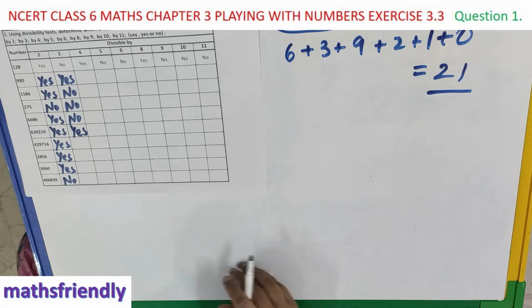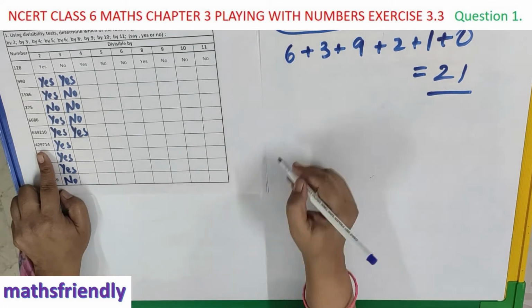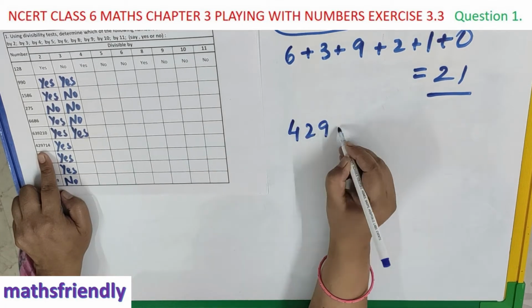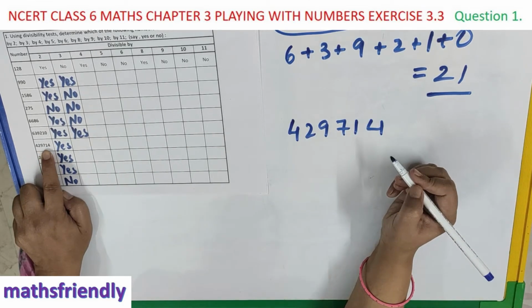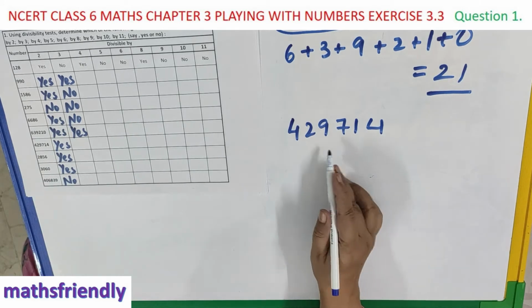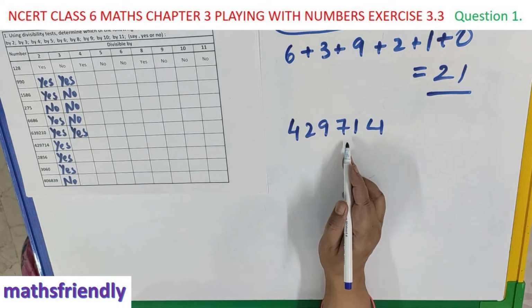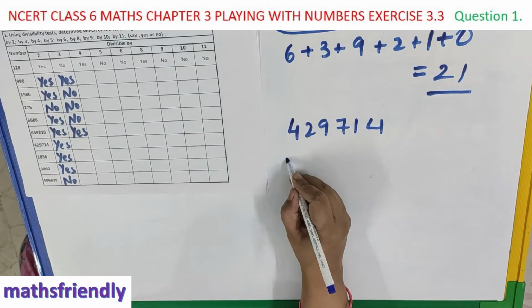Right? Now let us come to the next number. The next number is 429714, that is 4,29,714. So what we have to do?